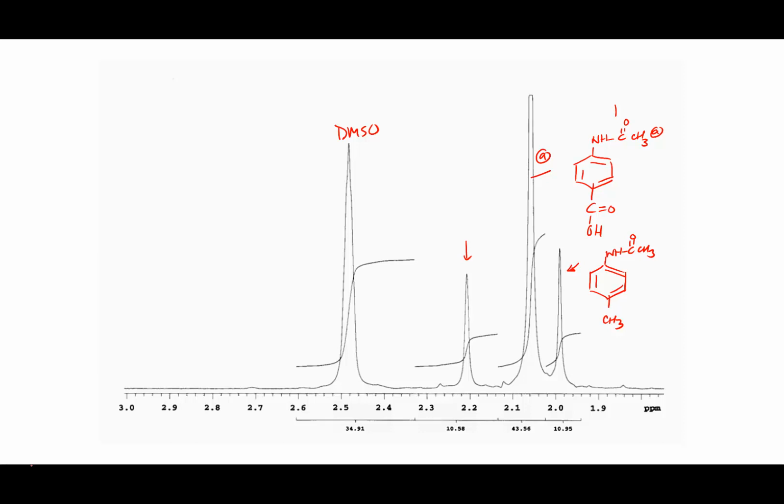What happened is that when we converted to a carboxylic acid, the methyl group that is in the product shifted over. So over here we see a peak, but we don't see the corresponding methyl group of product B.